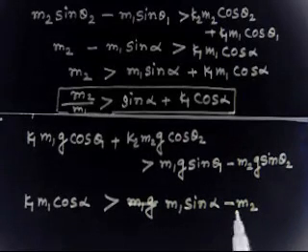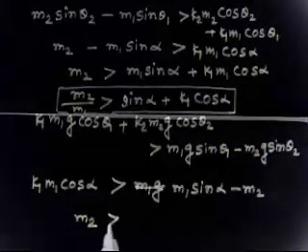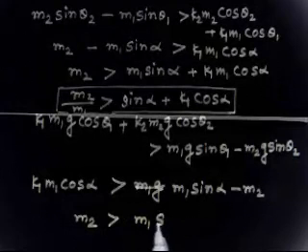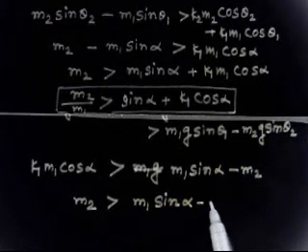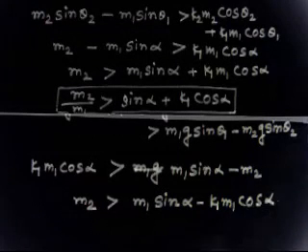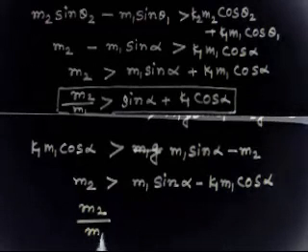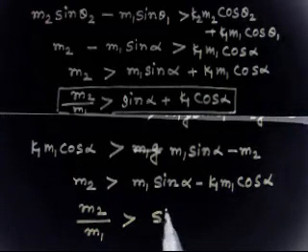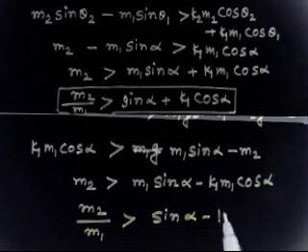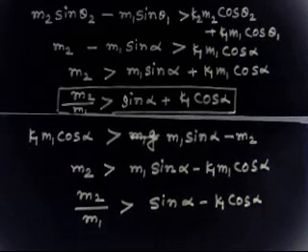So if I take m2 this side, I can say m2 is greater than m1 sin alpha minus k1 m1 cos alpha. So m2 by m1 should be greater than sin alpha minus k1 cos alpha. So this is the first condition.